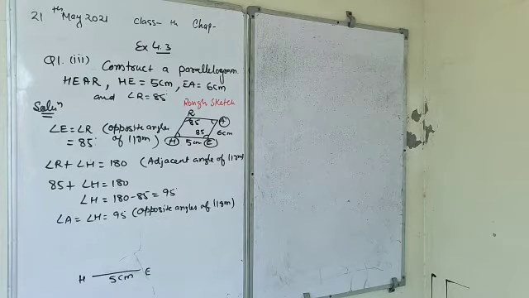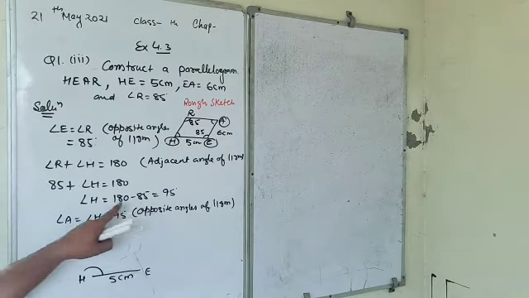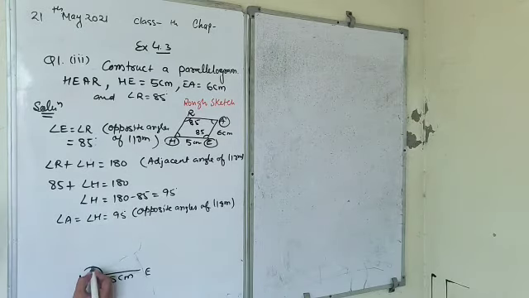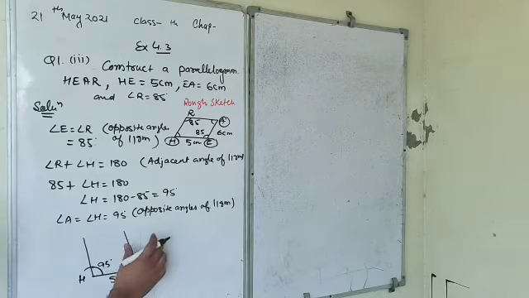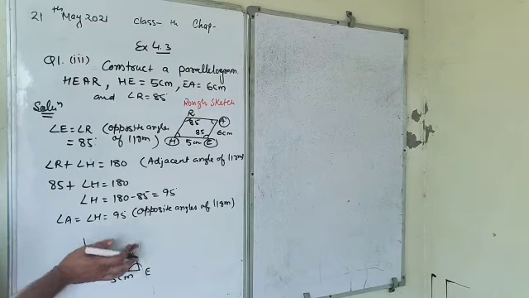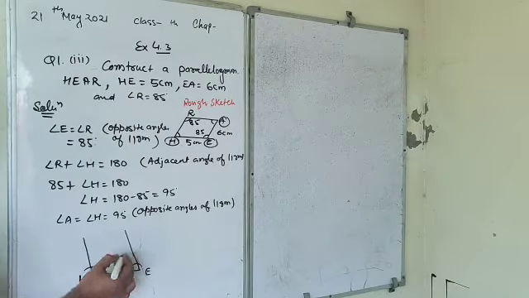Okay. Now at H we will make an angle of 95. It is 90, a little bit more, 95 degree. And at E we will make an angle of 85. Angle of 85.